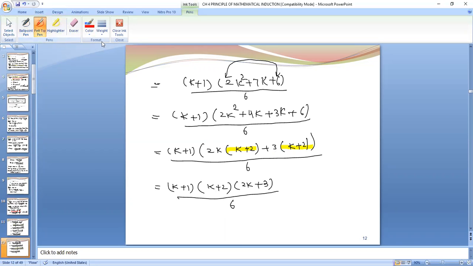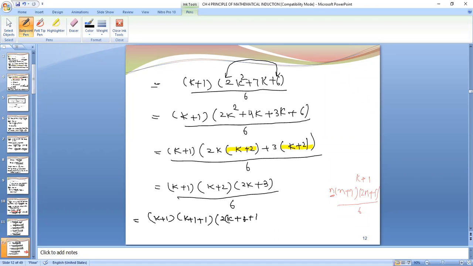Now, what I have to prove? n plus 1, 2n plus 1 upon 6, and n is replaced by k plus 1. I have to prove this. So we will try to prove it. It is k plus 1, k plus 1 plus 1, and 2k plus 3 can be written as 2k plus 2 plus 1, right?